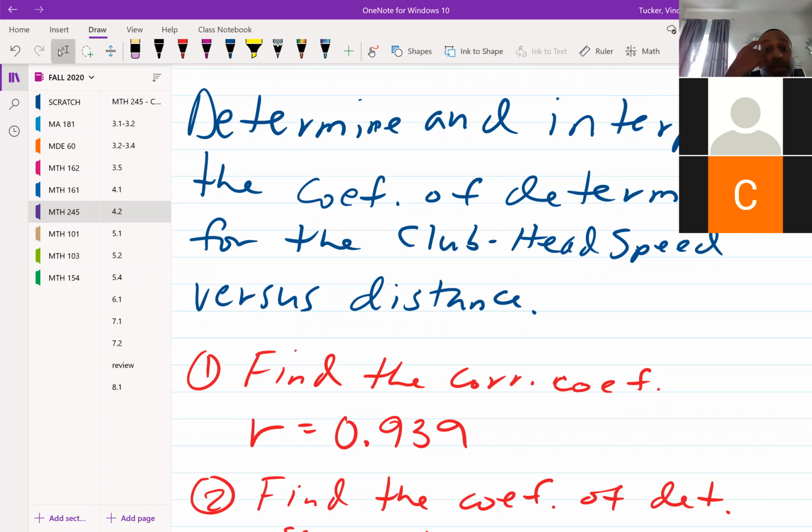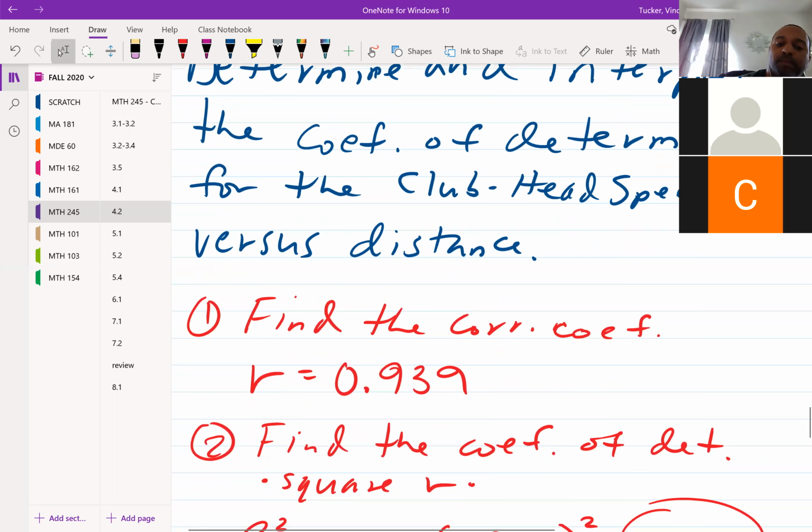Determine and interpret the coefficient of determination of the clubhead speed versus the distance. We had already found your correlation coefficient, which is R. R is 0.939. You guys aren't going to be asked to actually find that, so it should already be given.